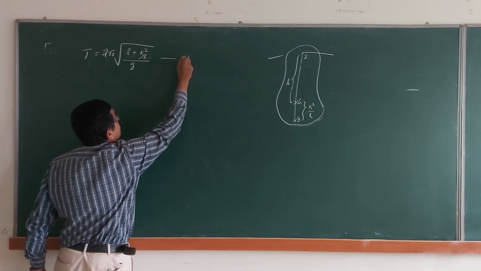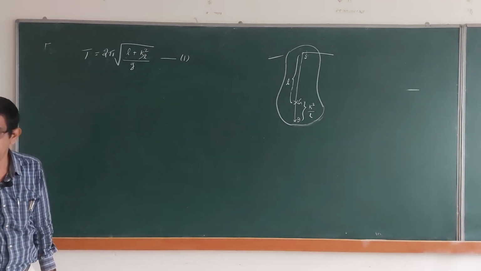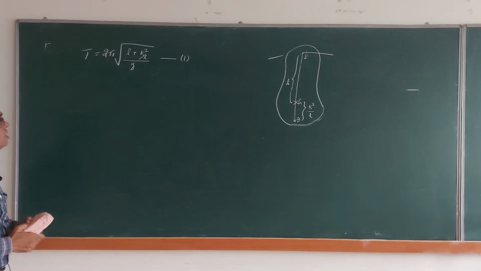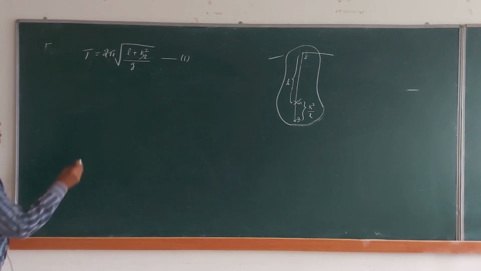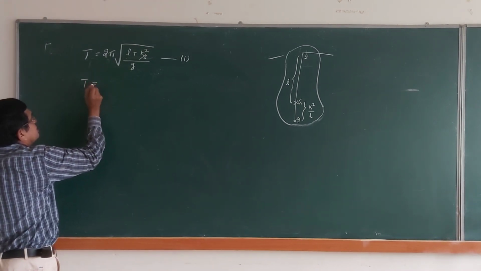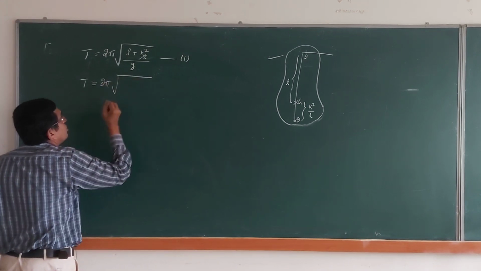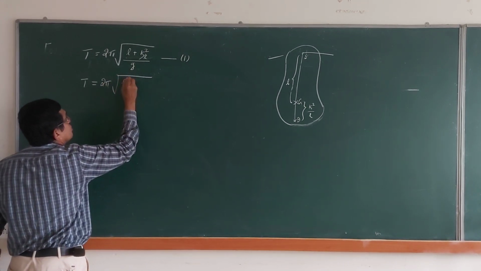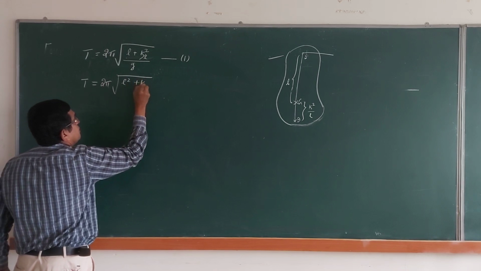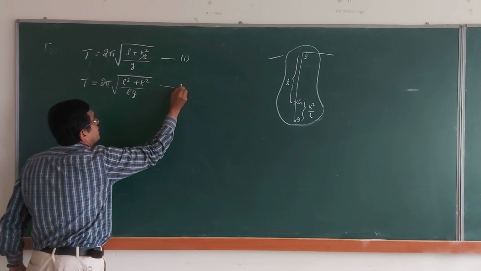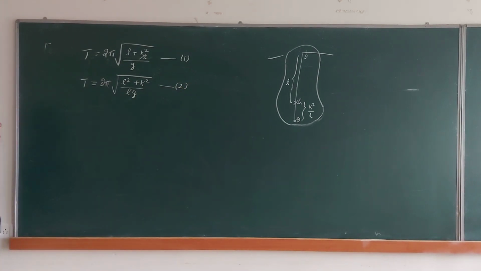Let us write this as equation 1. Or I can modify this as 2 pi into square root of (L square plus K square) by Lg, the time period of the pendulum.